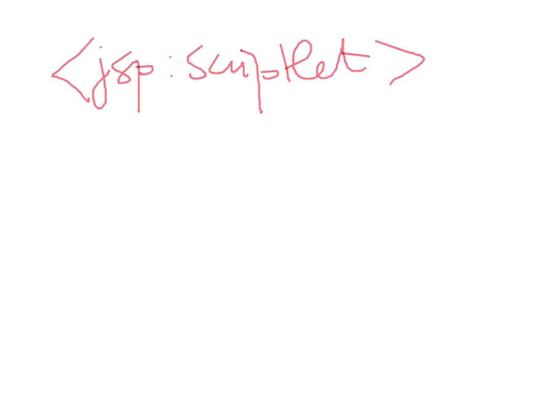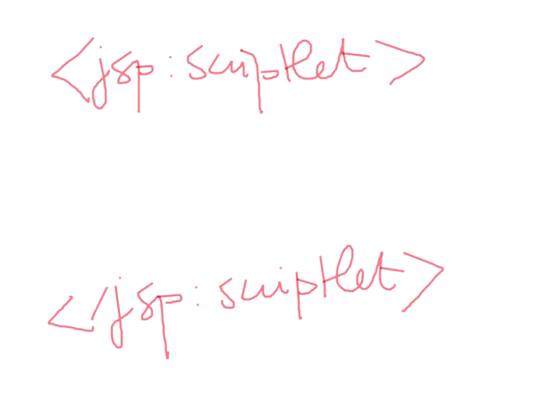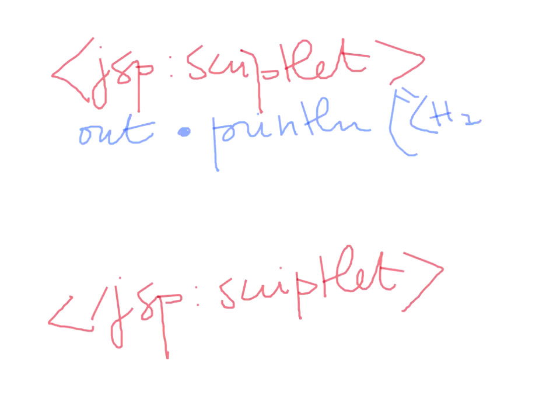That means here, for example, I have a GSP scriptlet, and I can write directly out.println h1. So out here is a print writer.